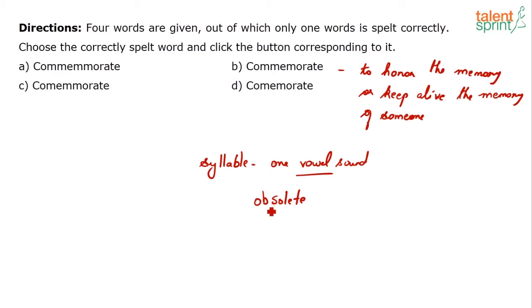So you've taken one syllable and you've broken it down. O, this is one vowel sound. This is another vowel sound. And then you have the remaining, LETE. In fact, it will be OB, SO, and LETE, right? So you have another vowel sound. Obsolete, right? Let me make a small change.